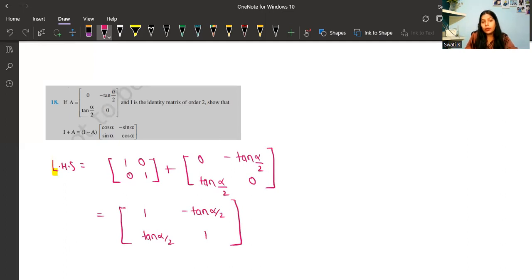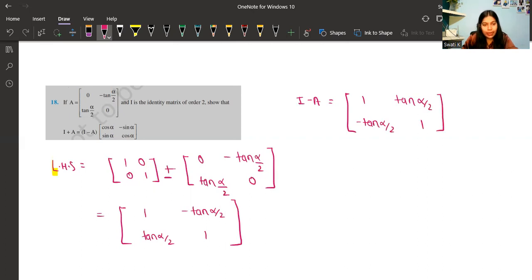So this is your LHS. Now, let's find out the RHS. On the RHS, we have I minus A, right? So let's simplify it directly. 1 minus 0 is 1 only. 0 minus minus tan alpha by 2, so it will become plus tan alpha by 2. This will become 0 minus tan alpha by 2, that means minus tan alpha by 2. And this will become 1 minus 0, that is 1.